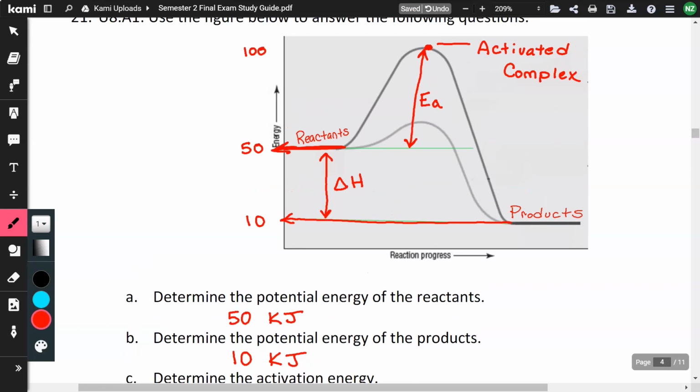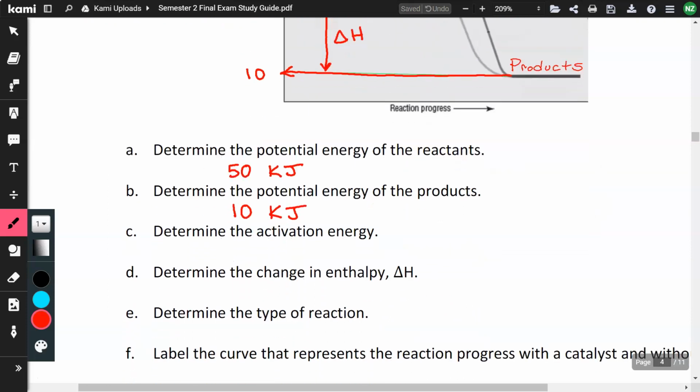Activation energy is from the reactants to the top of the hill. So the top of the hill is 100, we said. And our reactants are at 50. So the activation energy would be 50 kilojoules in this case.